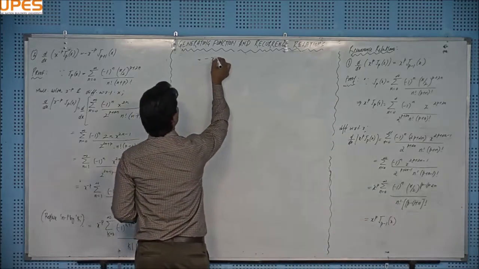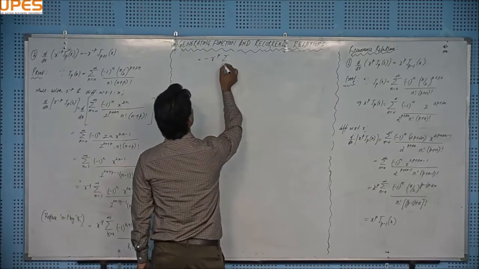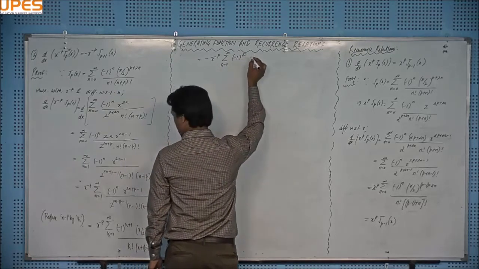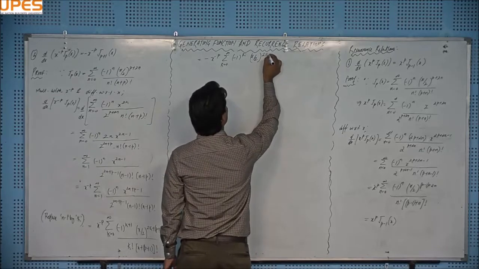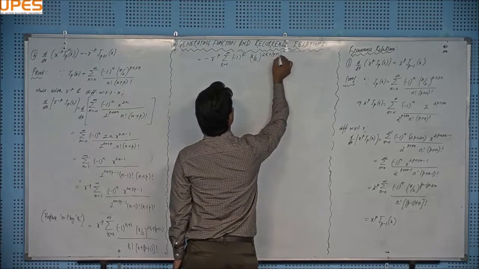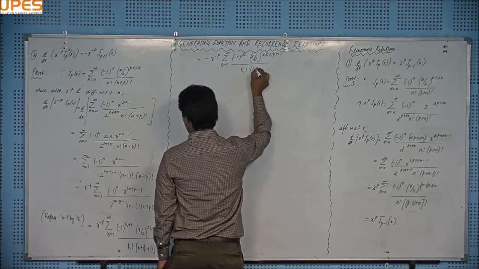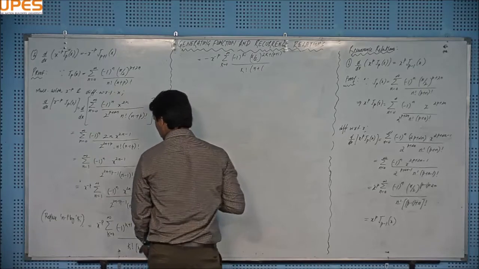So taking the negative sign outside, this minus 1 to the power 1 will be left with summation k equal to 0 to infinity minus 1 to the power k and x by 2, 2k plus p plus 1 divided by k factorial and, oh, not n, I think that was k.